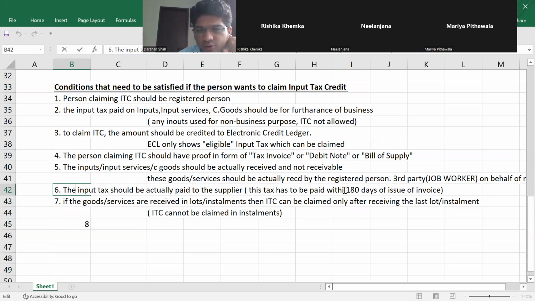If you do not make the payment within 180 days and you have claimed ITC, the government will levy 18% interest on the ITC claimed, as you are not following the condition.